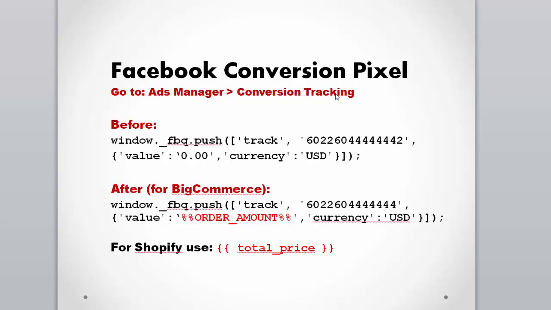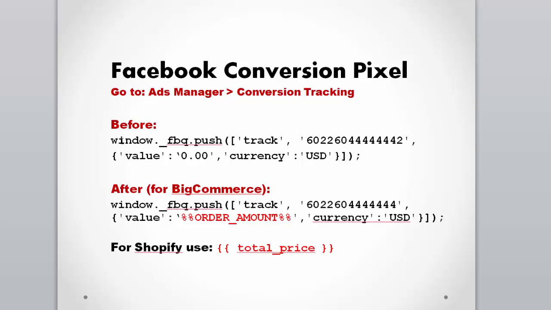And I pick a website checkout type of conversion tracking. And once that's in your ad, then you can go to Ads Manager conversion tracking, and it's multiple lines of script that gets copied and pasted into your website.